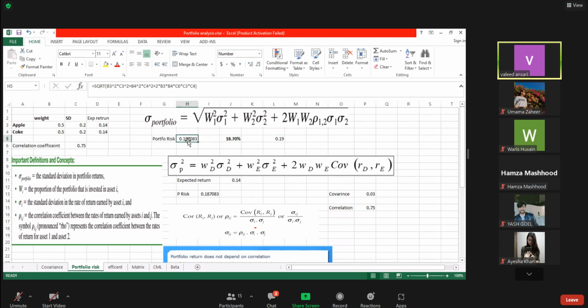Now if you see this formula here, same thing.